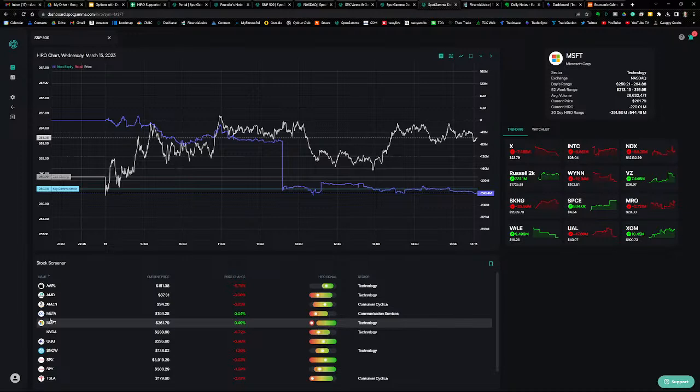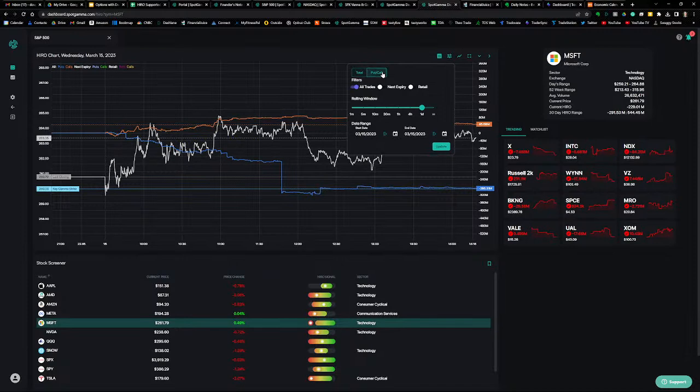And this is a little bit confusing. So what this is showing is a large block trade. And let's see what. So this is traders buying puts. And that looks like around 1147.